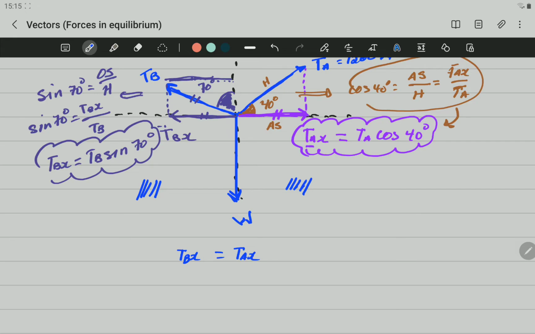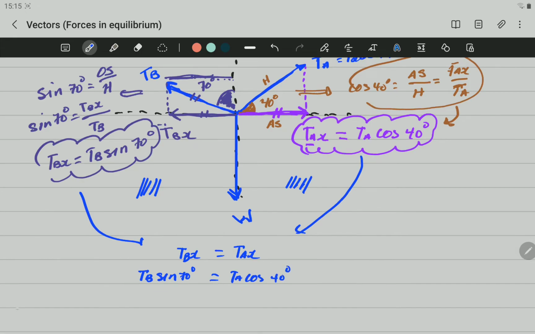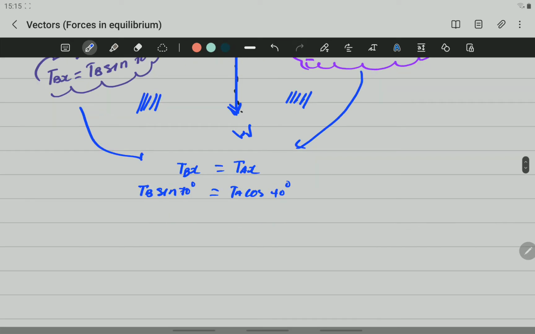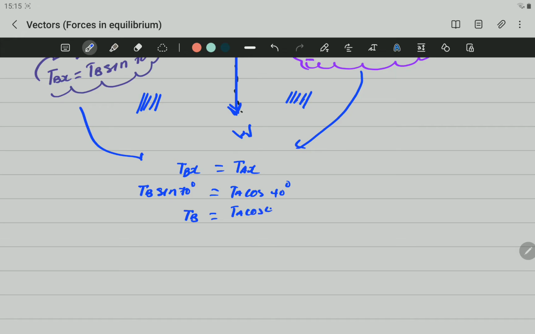All right, and we can then substitute the formula for each of them. So TB in x is equal to TB sine 70 degrees, and this is equal to TA cos 40 degrees. Now you have all the information. You are in actual fact looking for TB. So TB is equal to TA cos 40 degrees divided by sine 70 degrees.